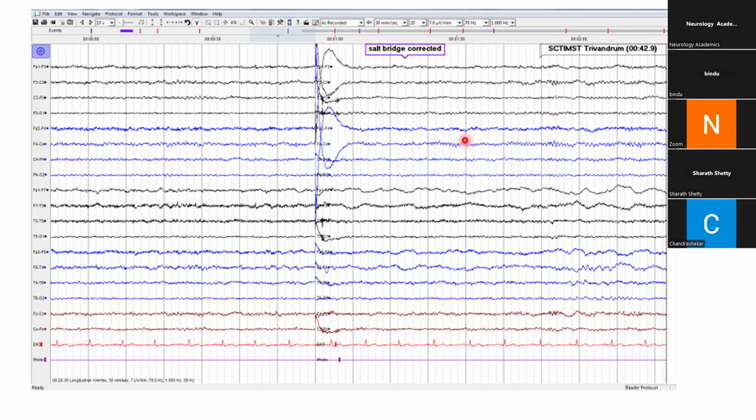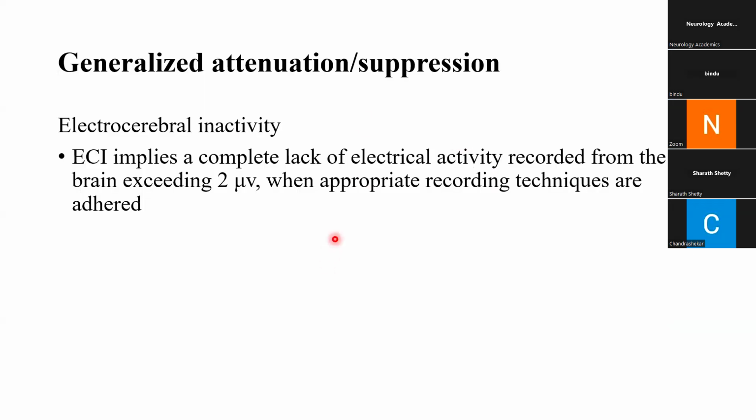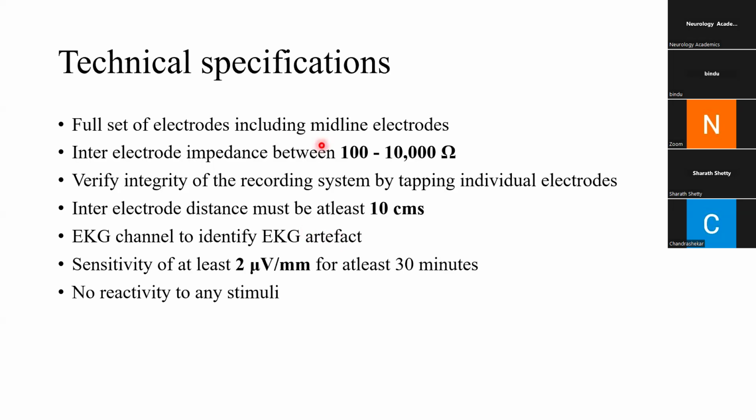Electrocerebral inactivity is the lack of electrical activity recorded from the brain exceeding 2 microvolt when appropriate recording techniques are used. That is, with a full set of electrodes including midline electrodes, inter-electrode impedance between 100 and 10,000 ohm, verification of the integrity of the recording system by tapping individual electrodes, inter-electrode distance of at least 10 centimeters, an EKG channel to identify EKG artifact, and sensitivity of at least 2 microvolt per mm for at least 30 minutes of recording, with no reactivity to any stimuli.